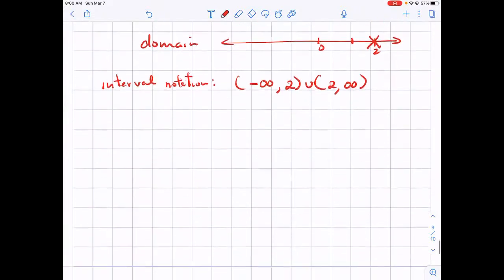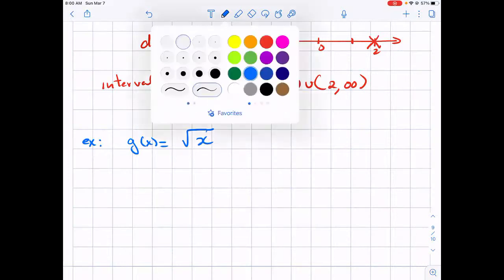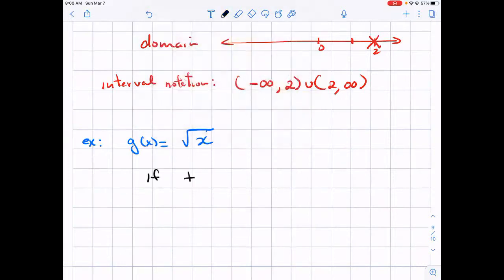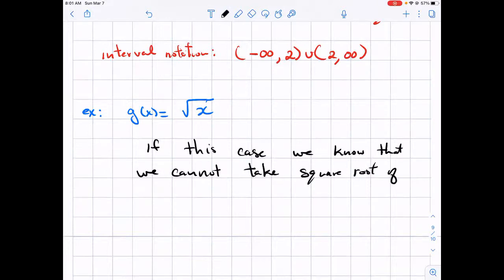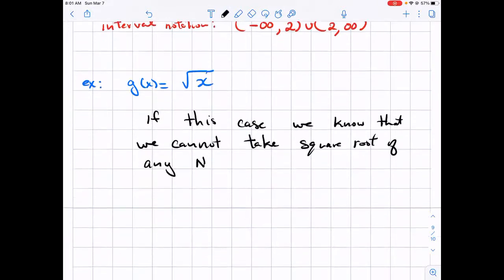If we look at another example, let's say g of x is equal to the square root of x. Now, in this case, we know that we cannot take the square root of any negative number.